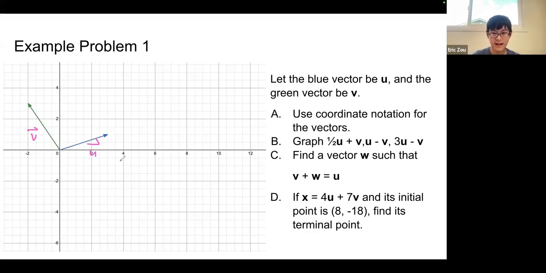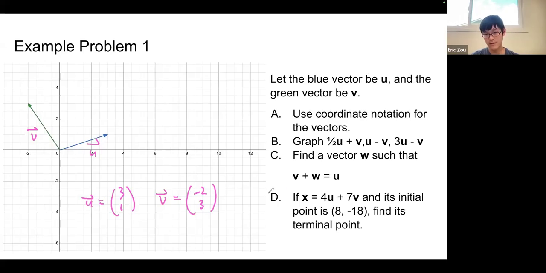I'll just go over part A because that's easy. Vector u, the blue vector, is 3 units right and 1 unit up. So u is equal to 3, 1. And vector v is 2 units to the left and 3 units up. So vector v is negative 2, 3. All right, you can look at the other ones.